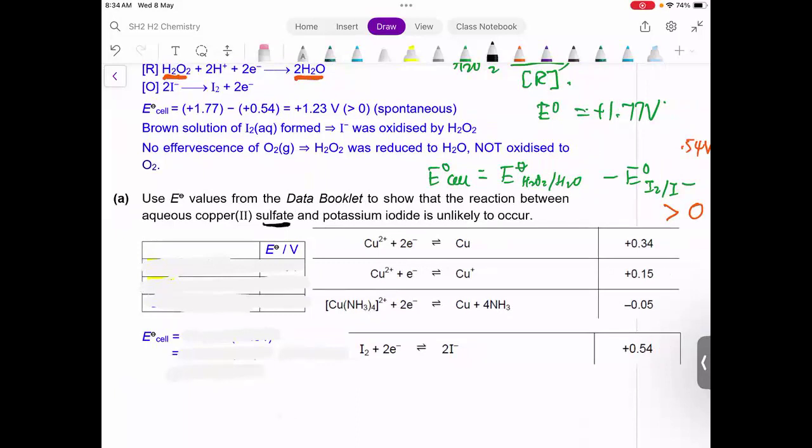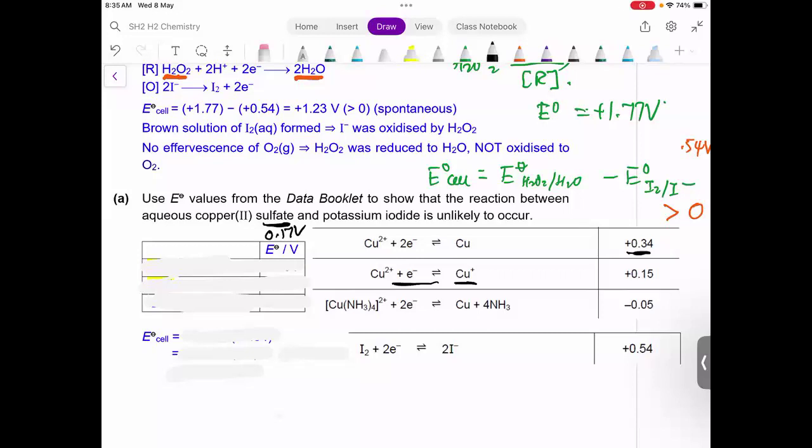Sulfate reduction to SO2 is a very small positive value, 0.17 volt. Even if you want to consider it, it's even smaller than, but comparable to, copper 2 to copper 1.